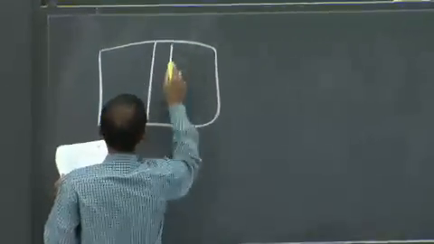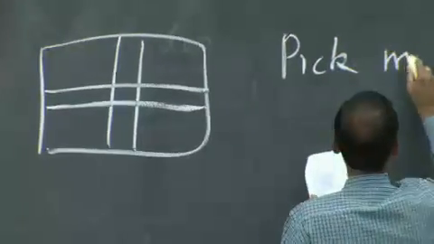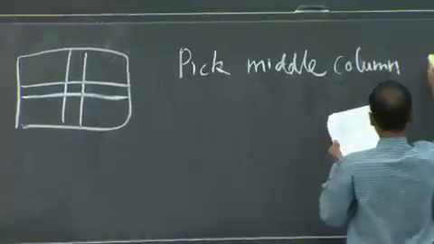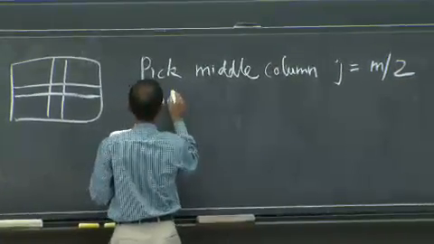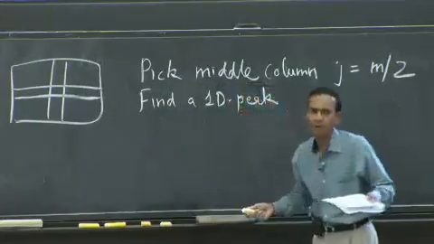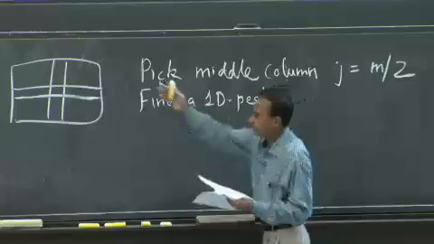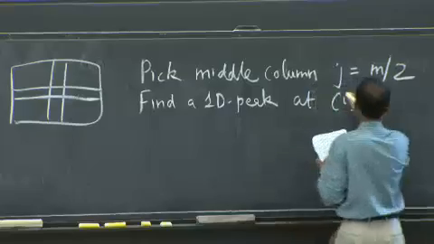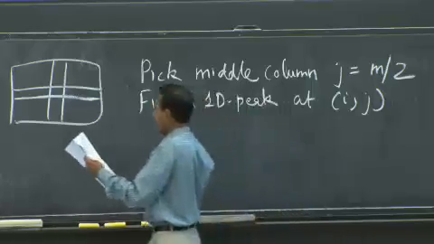So what I'm going to do is pick the middle column, j equals m over 2, and I'm going to find a 1D peak using whatever algorithm I want, and I'll probably end up using the more efficient algorithm, the binary search version. And let's say I find a 1D peak at ij, because I've picked a column, and I'm just finding a 1D peak.